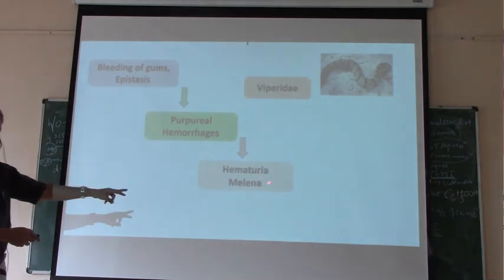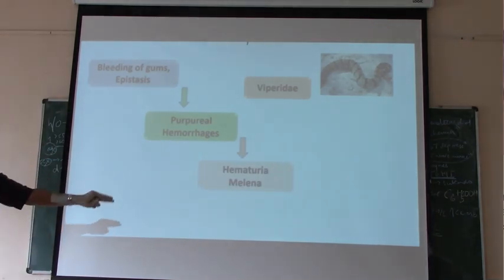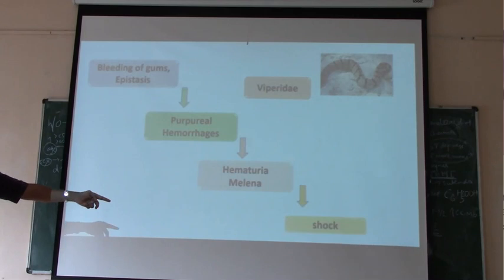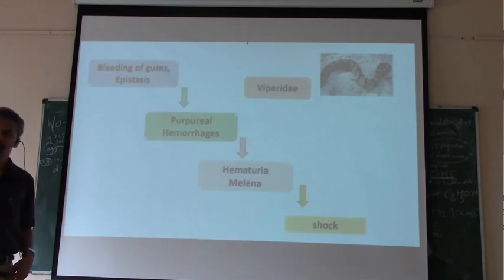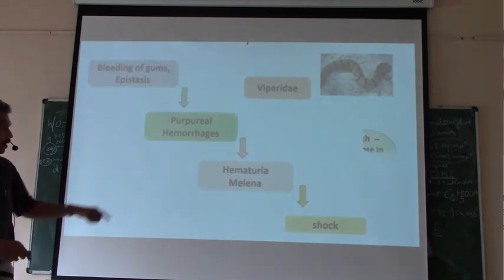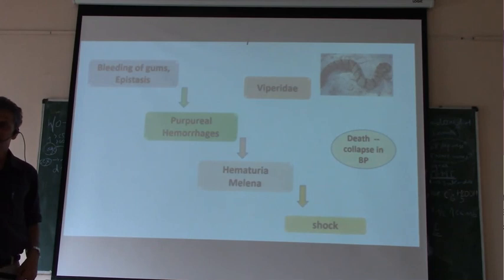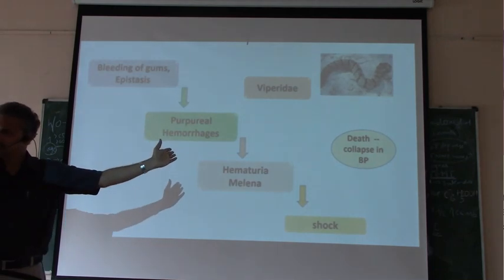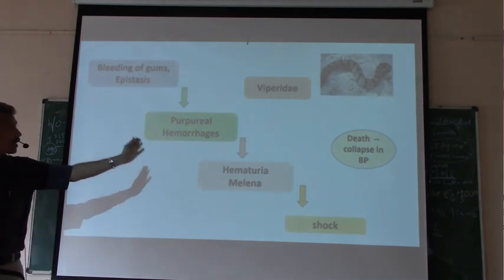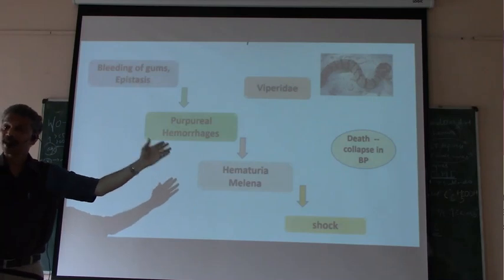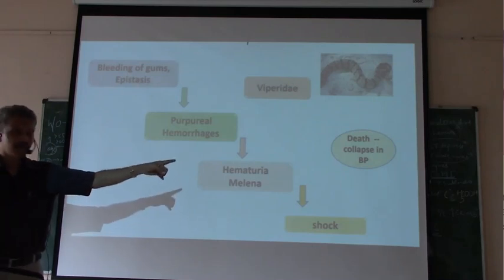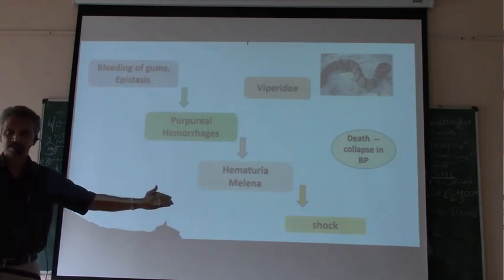In the next stage there is hematuria, melena, and the person will go into hypovolemic shock. The cause for death here is collapse in BP. What was the cause for death in Elapidae? Asphyxia. Here the cause of death will be collapse in BP.